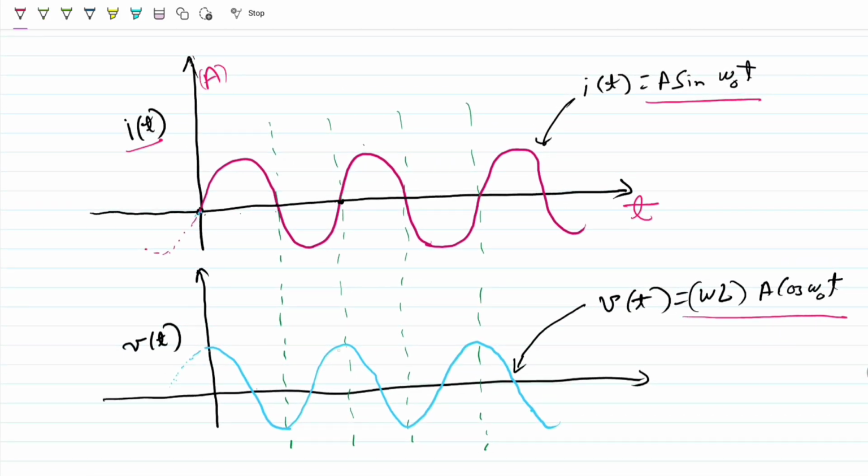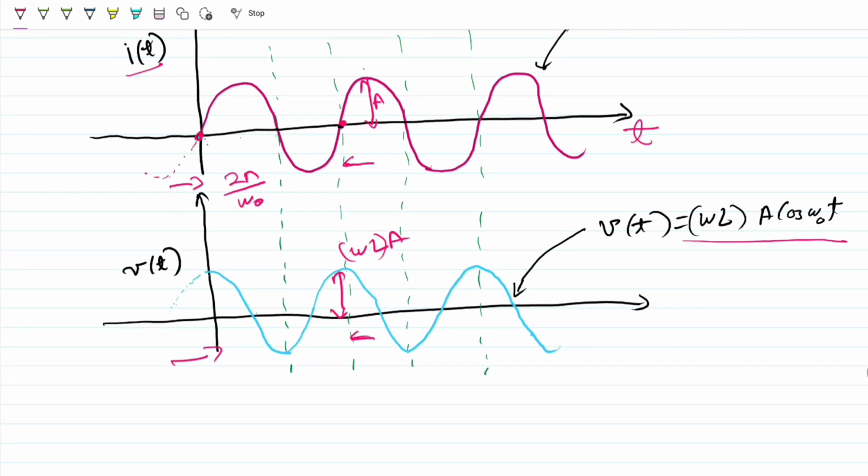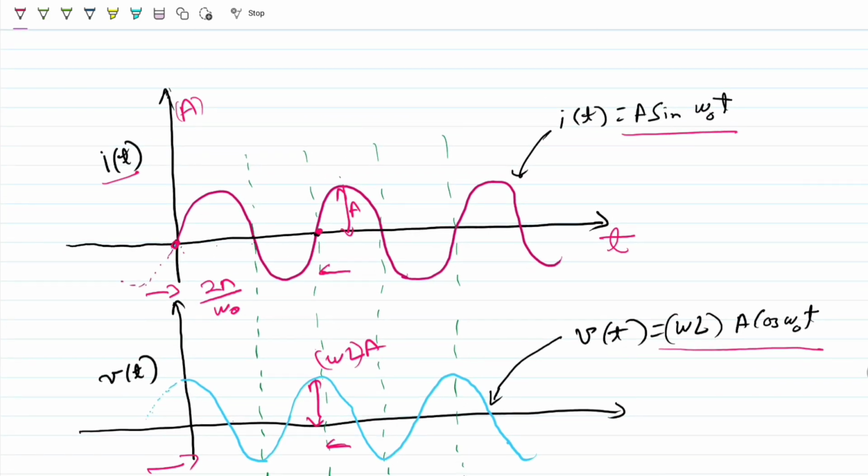The amplitude of the current here is A, and the time period is 2 pi by omega naught. If you look at the voltage response, the amplitude of the voltage is omega L times A, and the time period remains the same. But the thing to note here is that the voltage response has shifted. Instead of a sine signal, we have a cos signal.